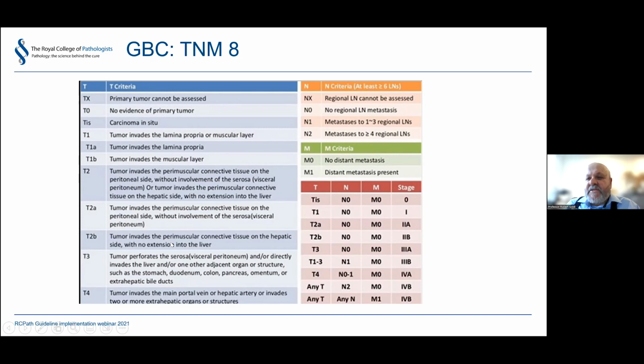Even though the stage is the same, the site of invasion is now really important. And I'm not showing you the data on which this is based, but if you look at the survival figures, they're very significant. And I noticed that in cases referred to us for management when I review the pathology, this is something which people really haven't totally bought into yet. I think it's important because it's prognostically significant and affects patient management.